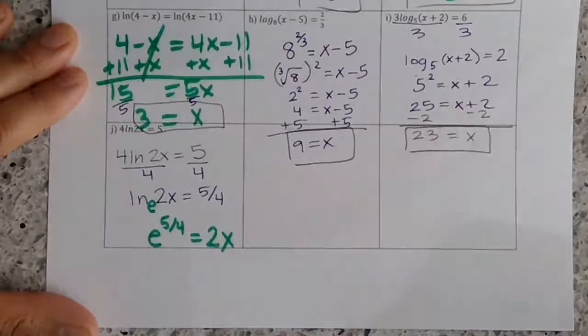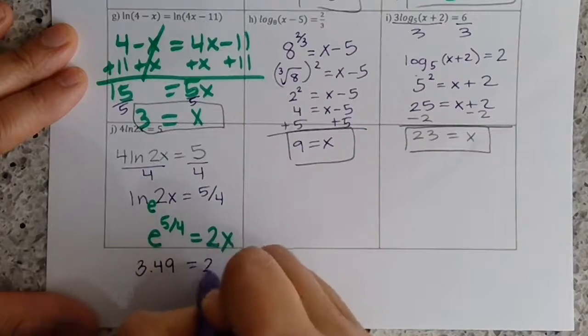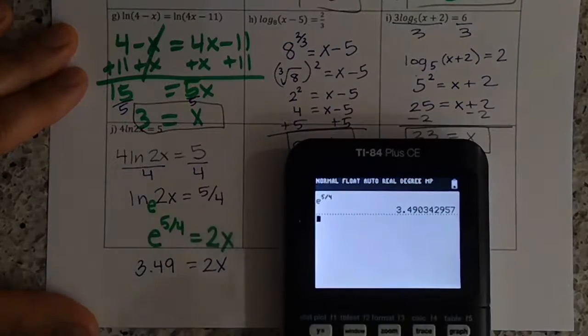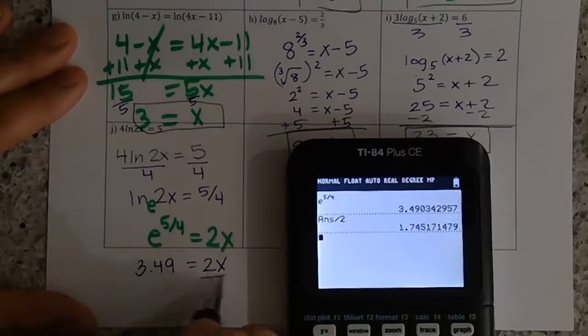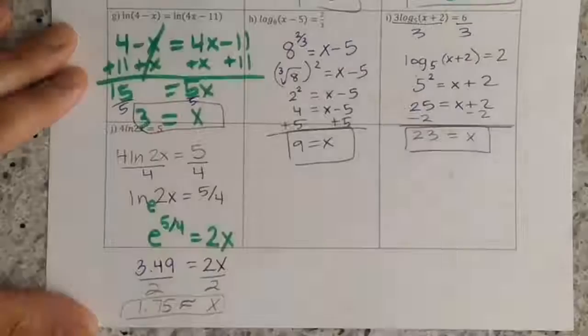So I'm going to say 3.49 equals 2x, divided by 2 on both sides. So x is equal to 1.75, we'll say, approximately. Okay, and that is it.